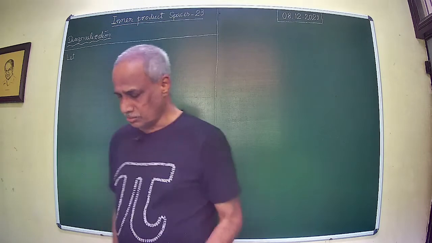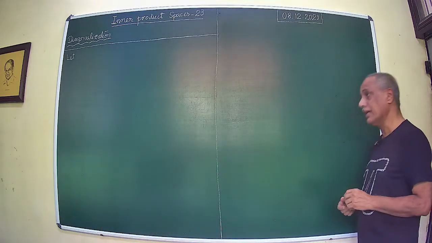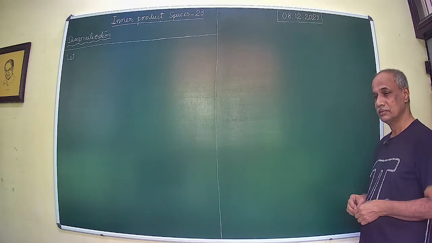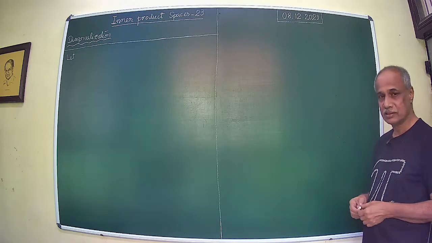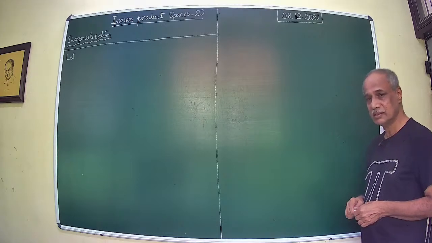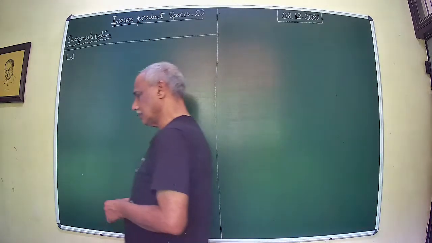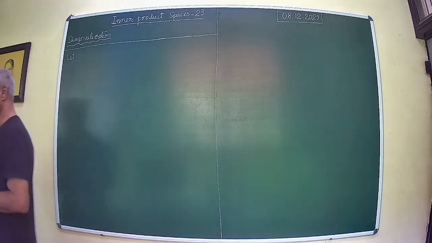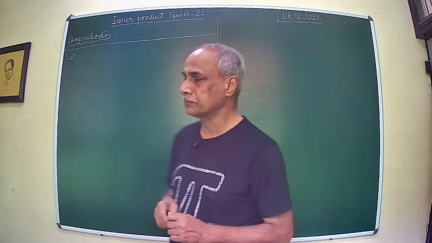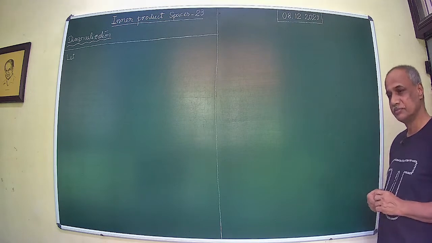So you recall what we did earlier in the case of vector spaces whose dimension is finite over a field, without any inner product structure induced on it.